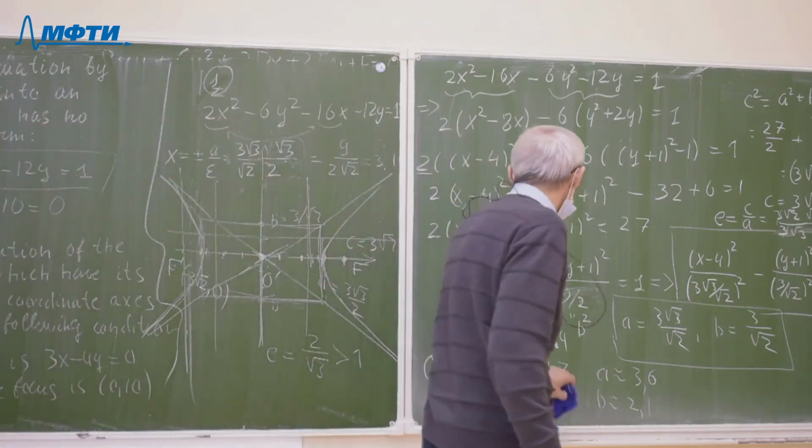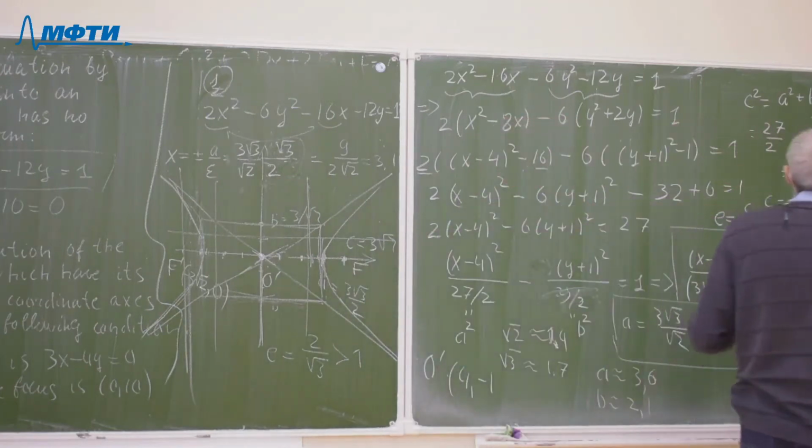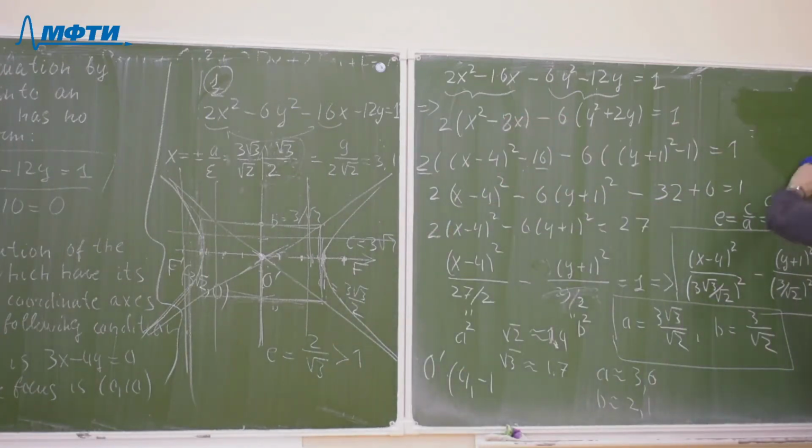This equation we can write in the following form: x prime square over (3 times root 3 over root 2) square, minus y prime square over (3 times root 3) square, is equal 1.